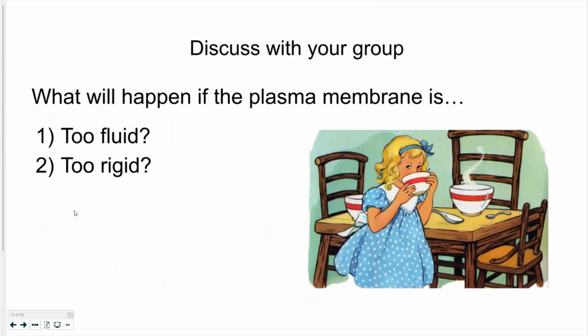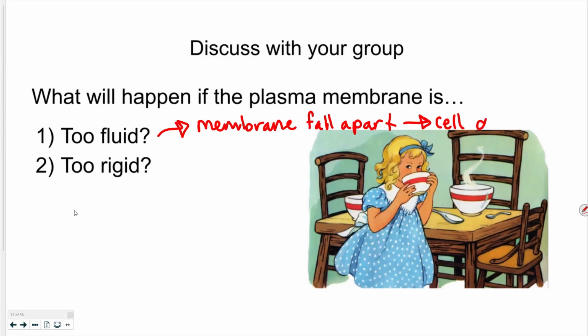And if the plasma membrane of a cell is too rigid, what might happen? Right. If you're too fluid, the membrane might fall apart, meaning that the cell could die. And we don't want that.